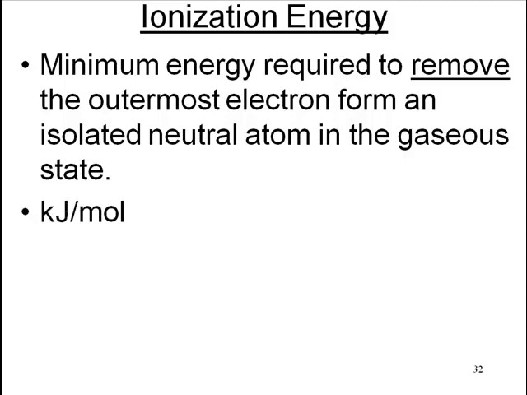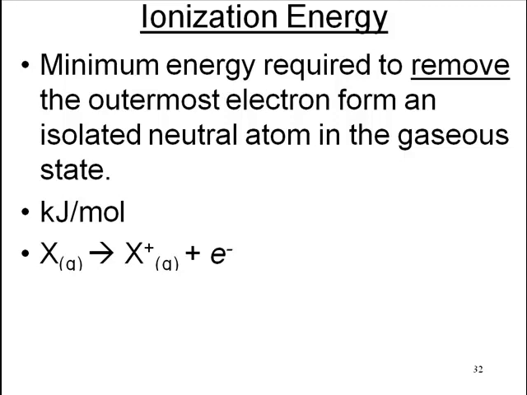So, how does ionization work? It's measured in kilojoules per mole. Okay, the equation for this is you have a gaseous atom. It loses an electron, it becomes a positive cation. This is the equation for the ionization of a particular atom.